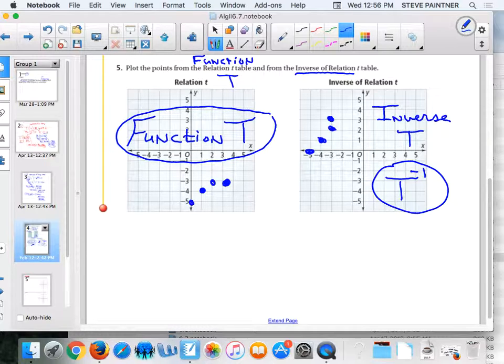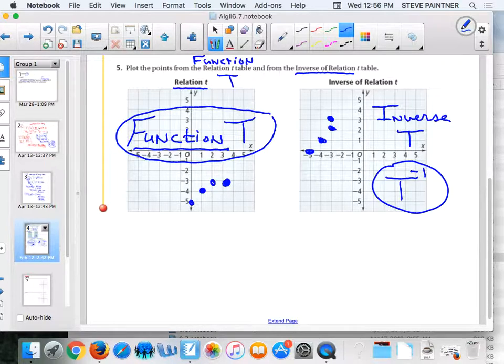A quick question. Why can I call the relation a function? Because if I look at the points, they create a function. What's the definition of a function? You have to go back to almost September to tell me. Yeah, go ahead, Brady. You can't have more than one x value on one... You're so close, but you're not quite saying it right.